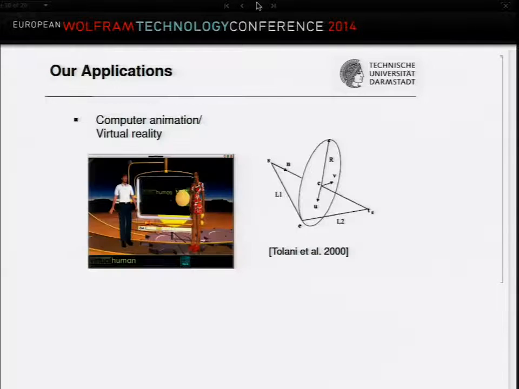Another application from computer animation that we did is the kinematics of a virtual human, where we also describe the kinematics of the arm and the legs based on geometric algebra.